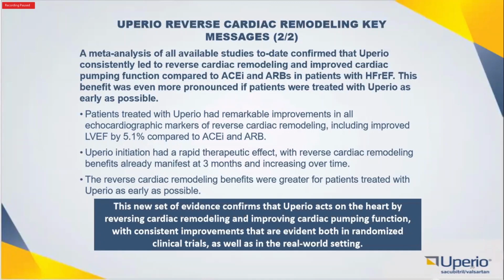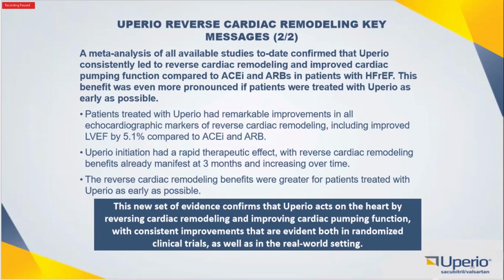So a meta-analysis of all available studies to date confirmed that Uperio consistently led to reverse cardiac remodeling and improved cardiac pumping function as compared to the traditional ACE inhibitors and ARBs, which we used to use in the past. And patients with Uperio have shown significant improvements in all the parameters.